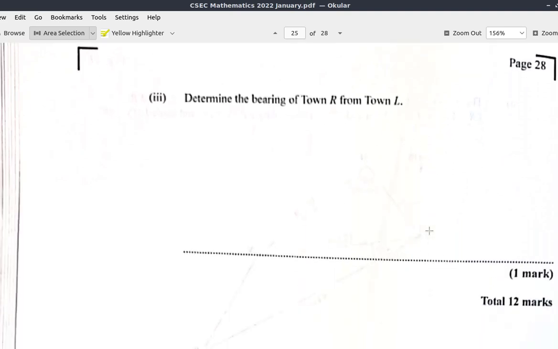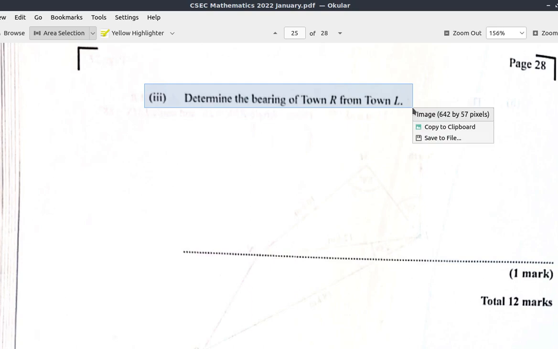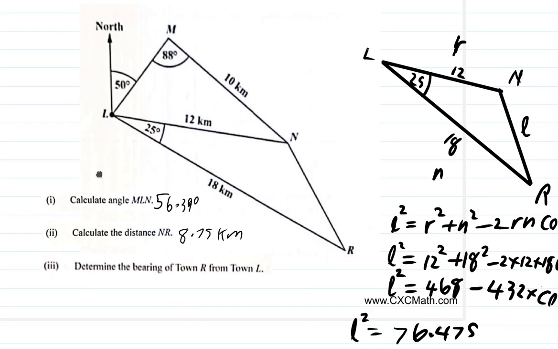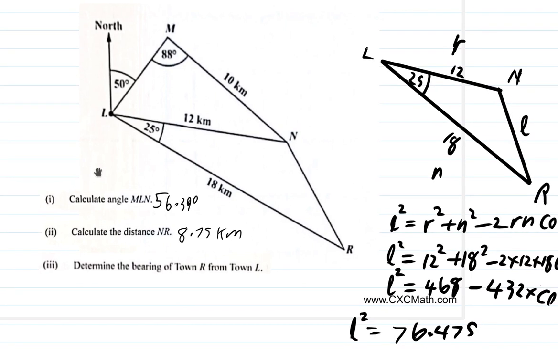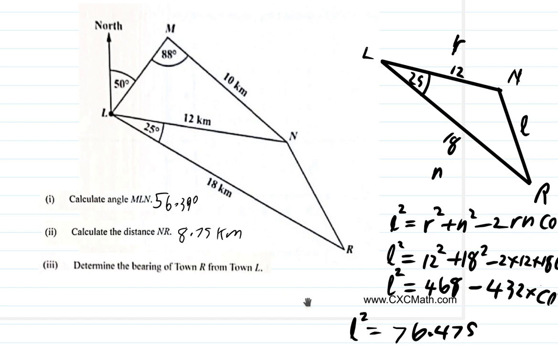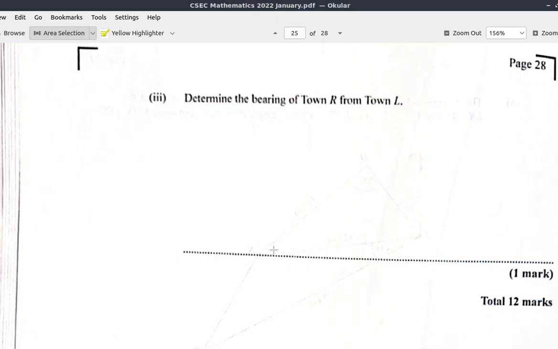The next thing is to calculate the bearing of R from L. Copy and paste this over here. The bearing of R from L. I want you to pause the video and work that out. Okay, so what did you get for your answer?